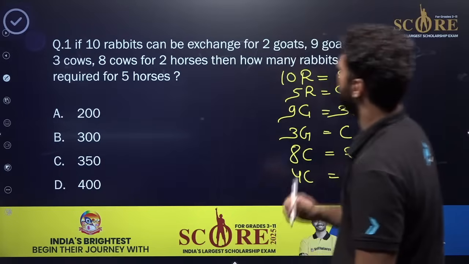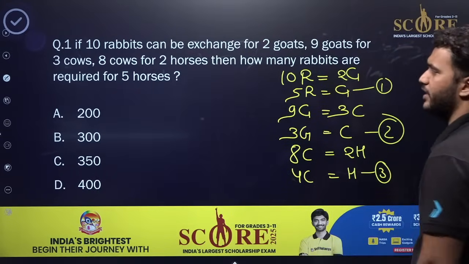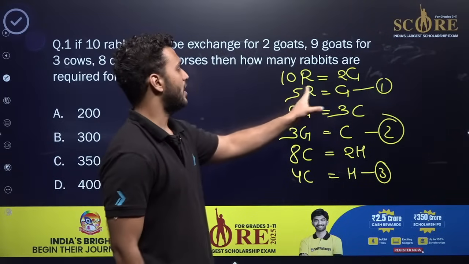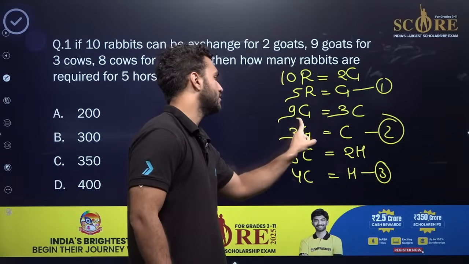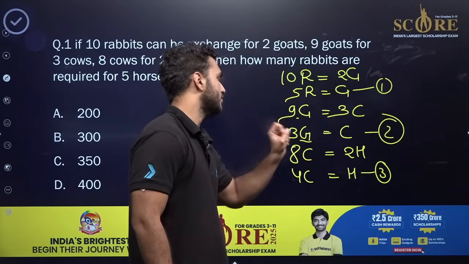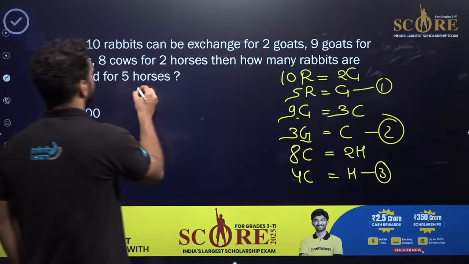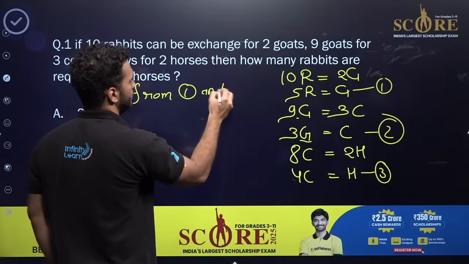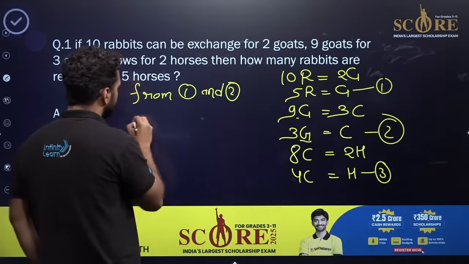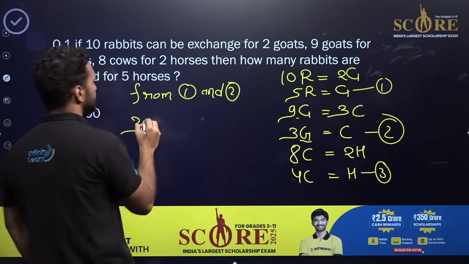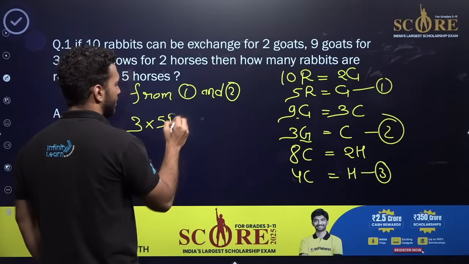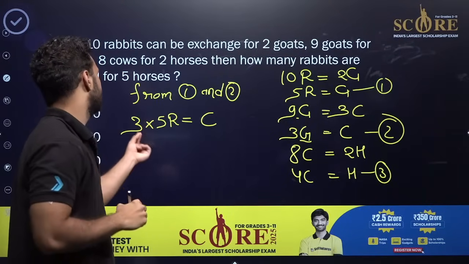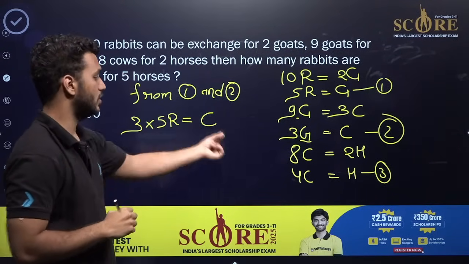Now what they have asked: how many rabbits are required for 5 horses? See, 5R is equal to G. Can I put 5R instead of G, from equations 1 and 2? Sir, instead of G, I can say 3G, so 5R is equal to 1C. It means 3 fives are 15 rabbits for one single cow.